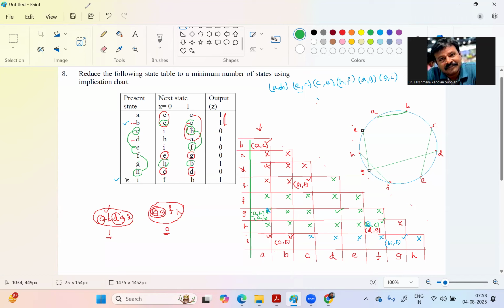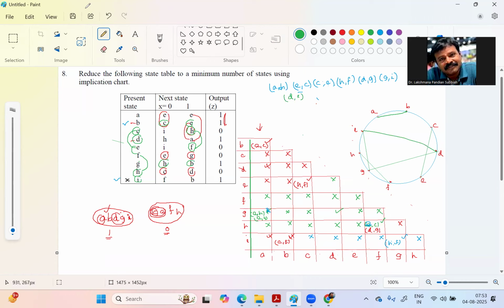So that is here, D and I. D and I can be grouped together. You see that one? D is one, I is one. So DI is also there. So now we have DI.